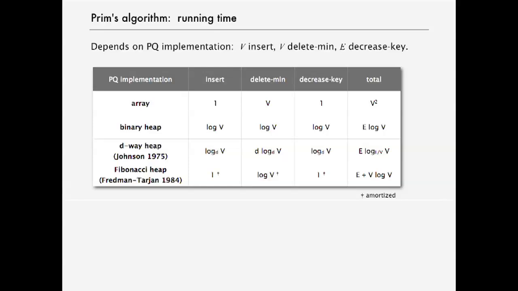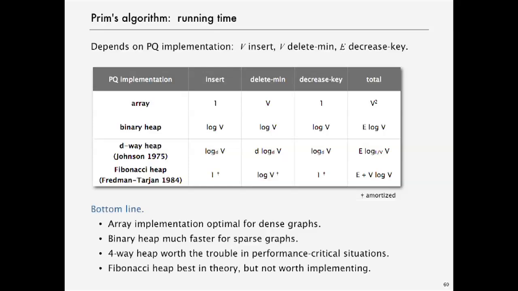So we can get the running time to log base E/V of V, and if you do the math for various types of graphs, that's going to be faster. And in fact, a data structure called the Fibonacci heap was invented in the 80s that actually gets the running time down to E plus V log V, although that data structure is too complicated to actually use in practice.